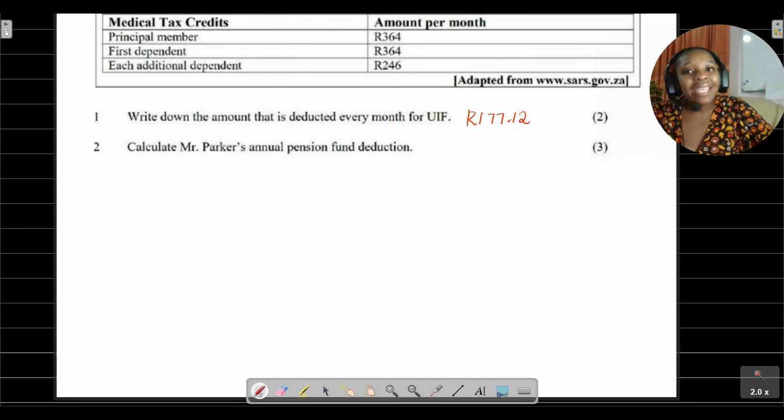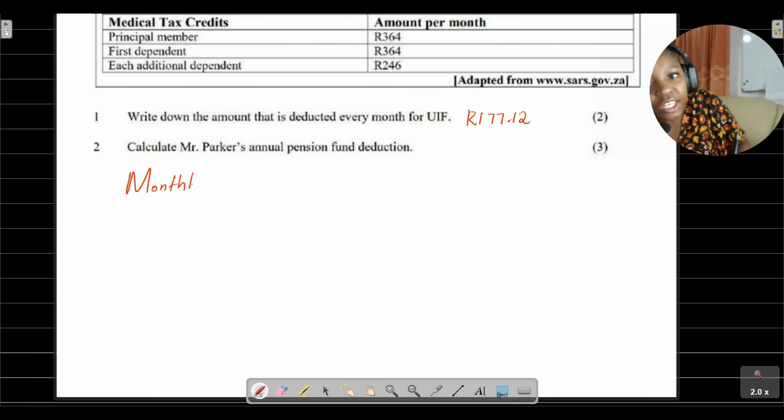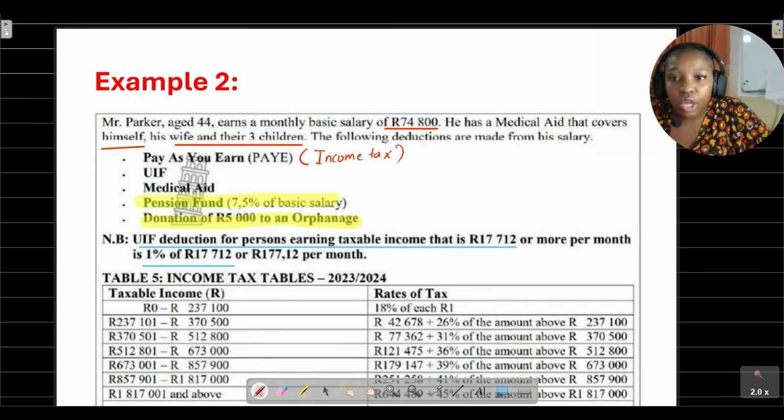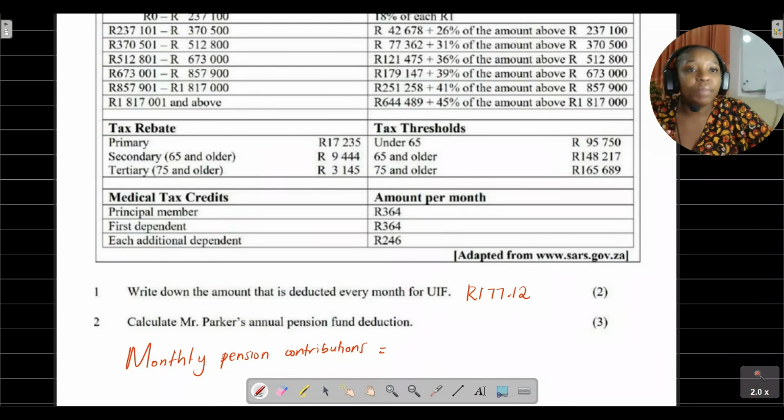Question number 2. Calculate Mr. Parker's annual pension fund deductions. So remember here, we've already done this together in the introduction, but we're going to do it again. To calculate the monthly pension contributions, what will we need to do? We are told that his contributions for pension are 7.5% of his basic salary.